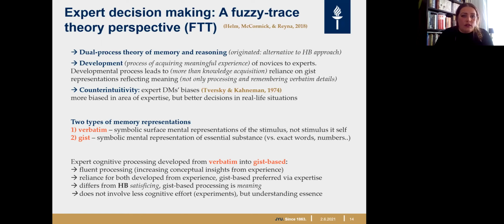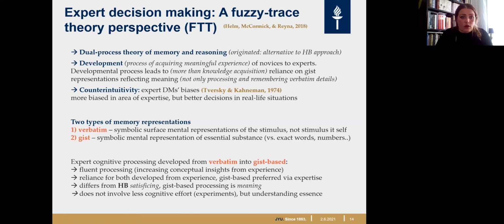And the overall development process leads to not only knowledge acquisition, but also reliance on gist representations reflecting meaning. So not only processing and remembering verbatim details, so it's not only description based, but it tries to combine the description-based and the experience-based views to decision making through development.